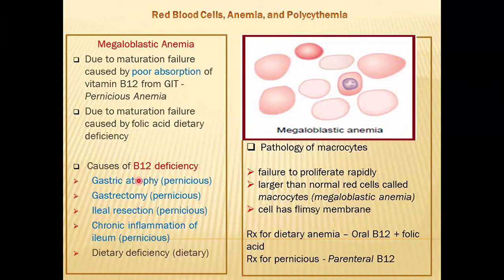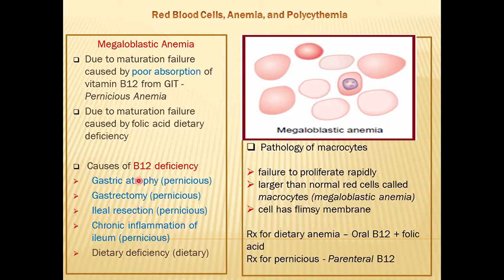And we know that the intrinsic factor needed for absorption of B12 is in the stomach. Okay? It's the parietal cells of the stomach that produce the intrinsic factor. So if only a little of your stomach is left, then you have no intrinsic factor. So there is difficulty in absorbing B12.